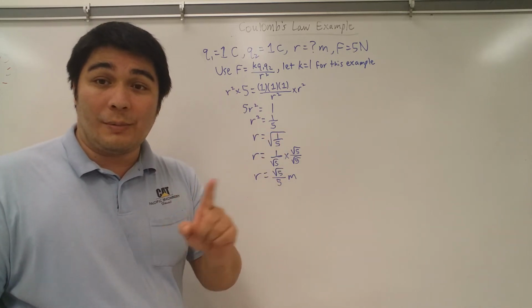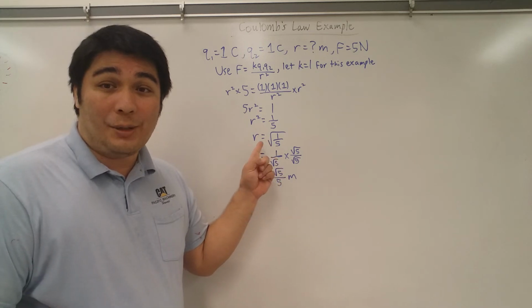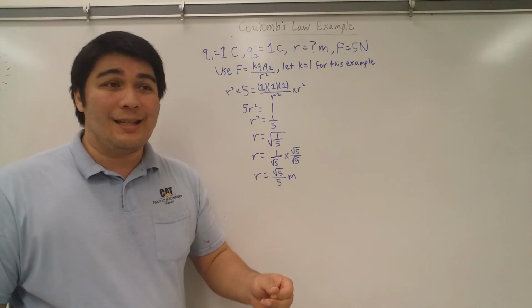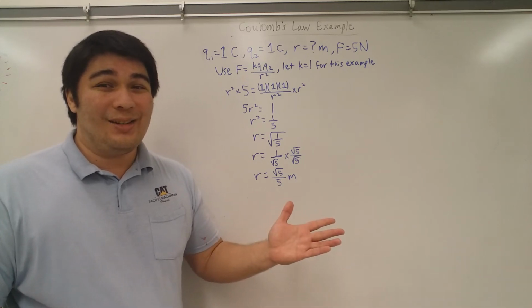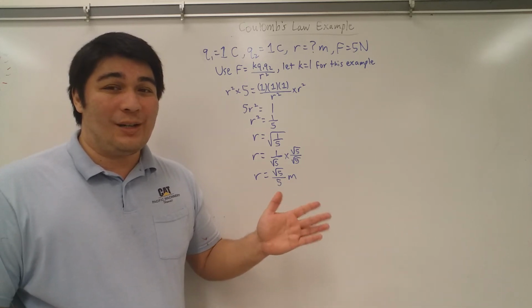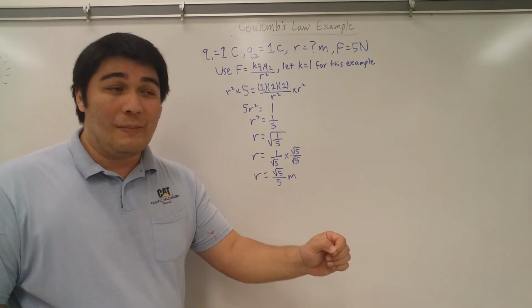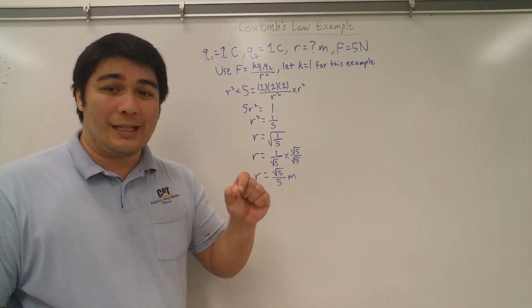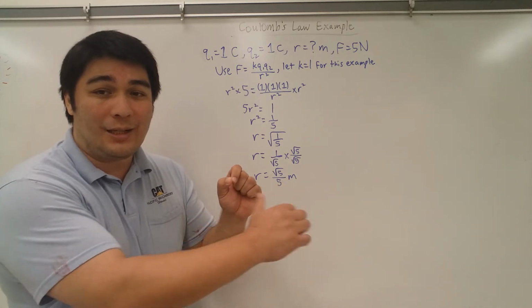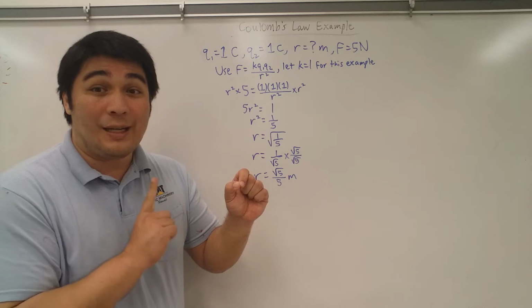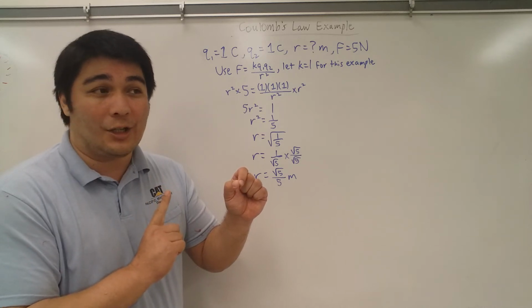Now, I hope you noticed something. I actually didn't write plus or minus over here, and the reason why is because when we're talking about distances, there's no such thing as a negative distance. That, by definition, does not exist. There can be negative positions. If you set a place that's 0 and say this way is positive and this way is negative, you can set a position right over here as being negative because it's in the negative direction.